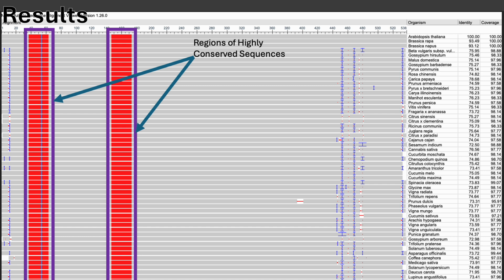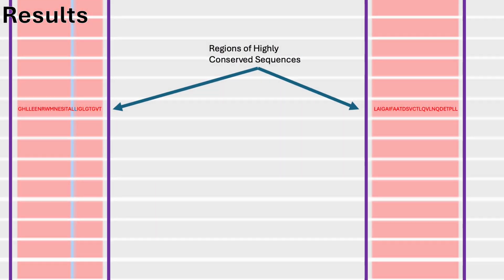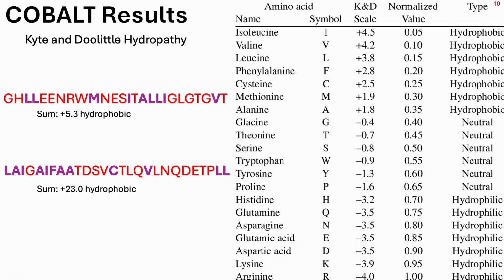If we zoom in on these conserved regions and look at the sequences themselves, we can begin to understand a little more about them. Using the Kyte and Doolittle hydropathy index, we can determine the properties of these regions.